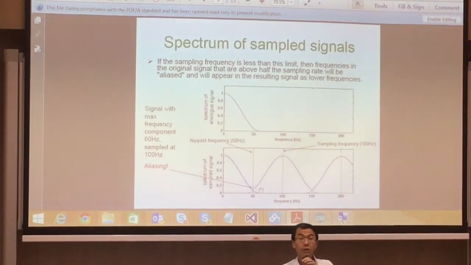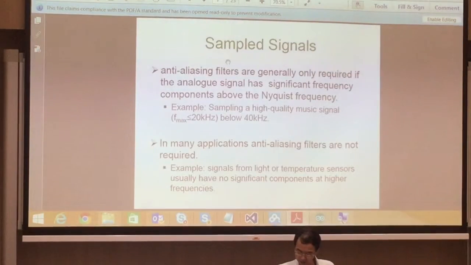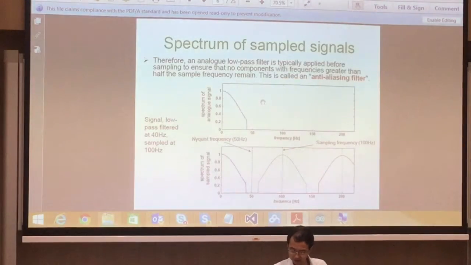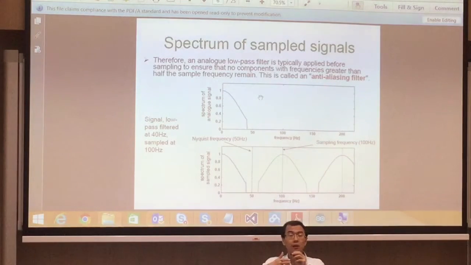And how can we avoid the aliasing problem? One way is to use a filter. First we limit the frequency range. For the case just now, the signal has some components above 50 Hz.